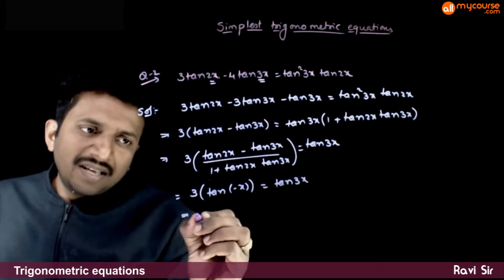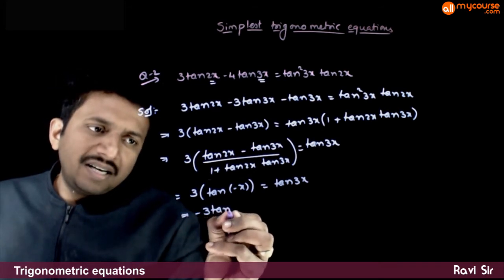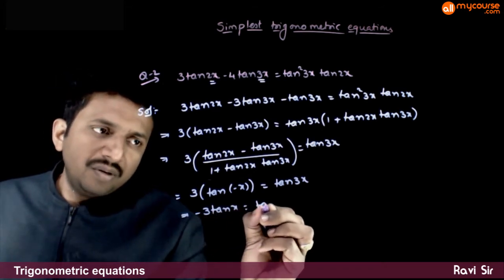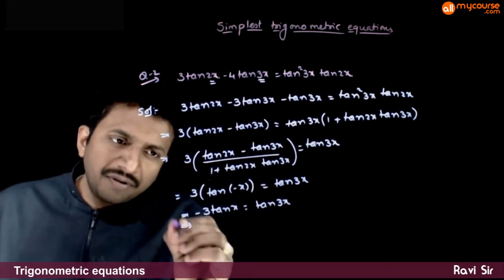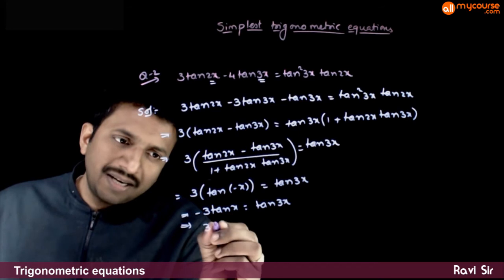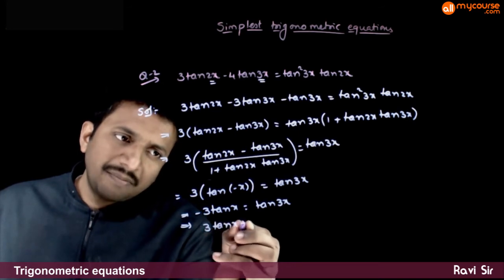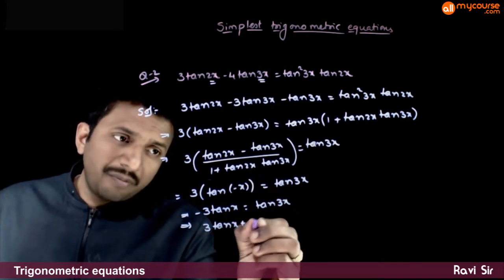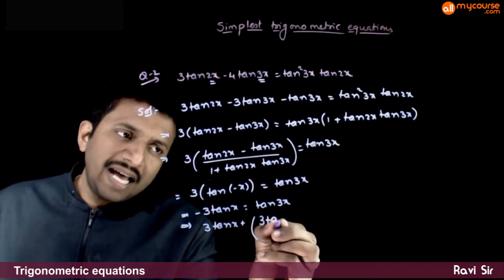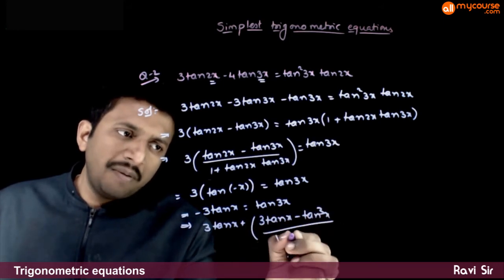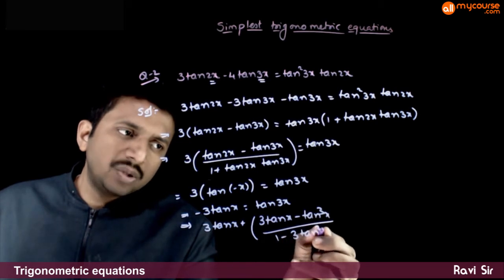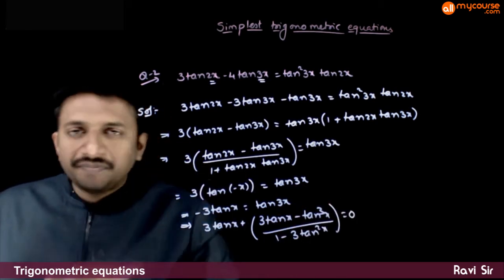So this implies minus 3 tan x is equal to tan 3x. If you send minus 3 tan x to that side, you get 3 tan x plus tan 3x. What is the formula for tan 3x? (3 tan x minus tan cube x) by (1 minus 3 tan square x) is equal to 0.